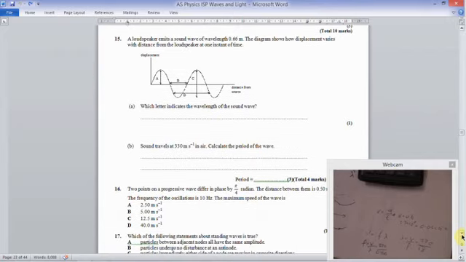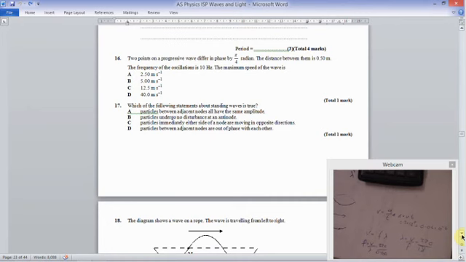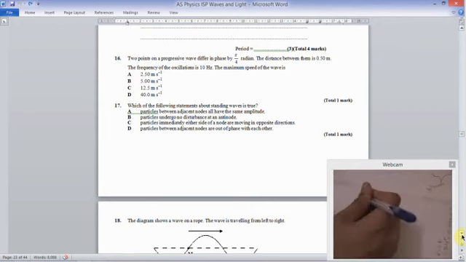Okay, so we'll double check that in a second once we've had a look at the next question. So we've got a progressive wave, so that's a moving wave, a travelling wave, okay? And they differ by pi over 4. Right, let's get these values right in our head. Let me just find a blank space to go through this. Okay, so 2 pi equals 360 equals lambda.